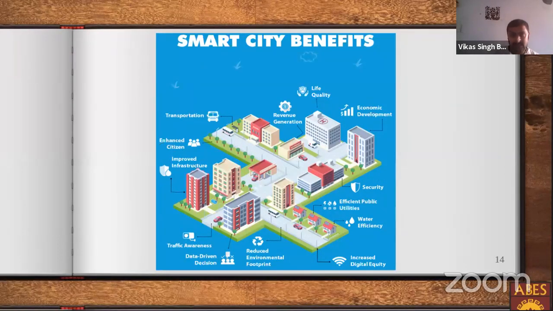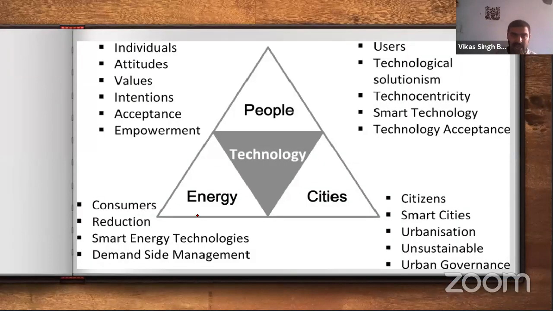Then people, cities, energy, and technology, technology is the key parameter for connecting these three. As I have mentioned, I will be discussing the demand side management. So demand side management will be managing the electrical energy with the help of technology.